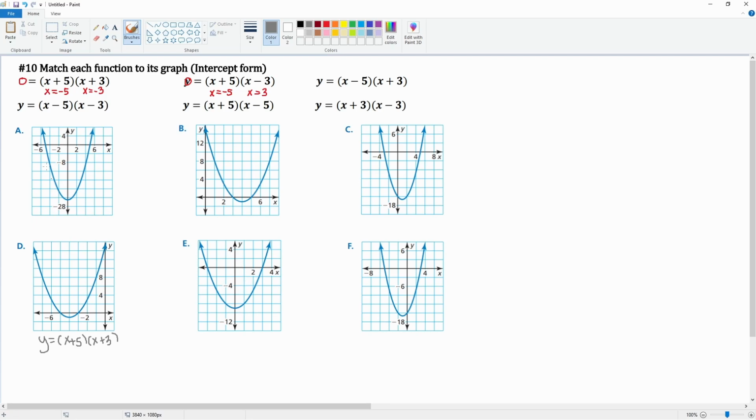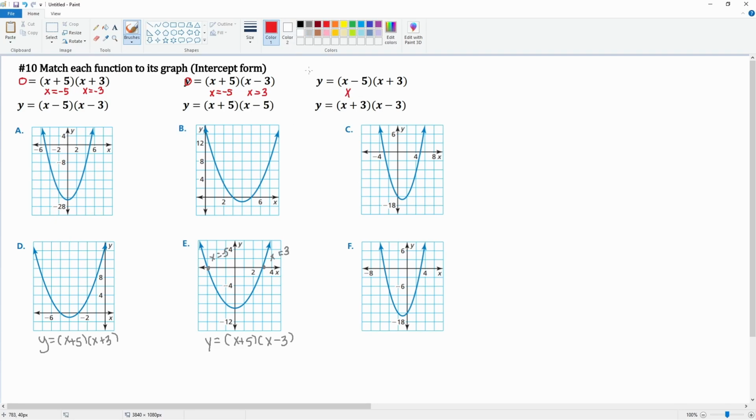Nope. -5 and +3. Oh, it would be this one. Y is equal to x plus 5, parentheses x minus 3. Okay. Because right here, this is x is equal to -5, and right here, this is x is equal to +3.